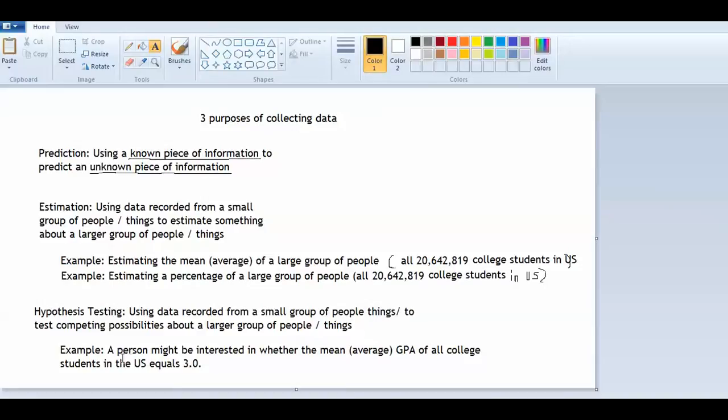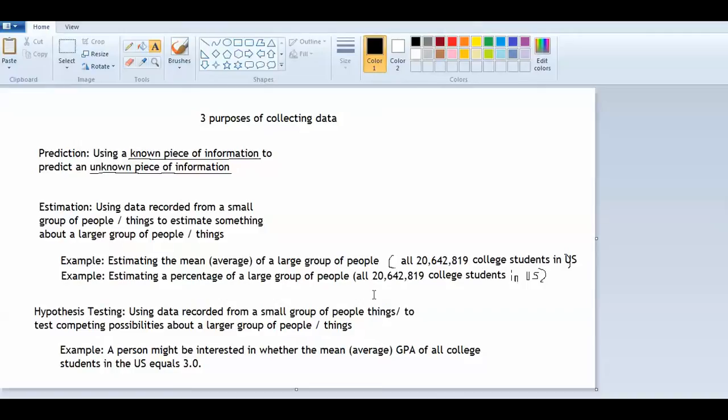So the person might not be interested in estimating the GPA, but might just want to make an all or nothing decision about whether the average seems to be 3.0 or if it's not 3.0. And how could the person make that decision?